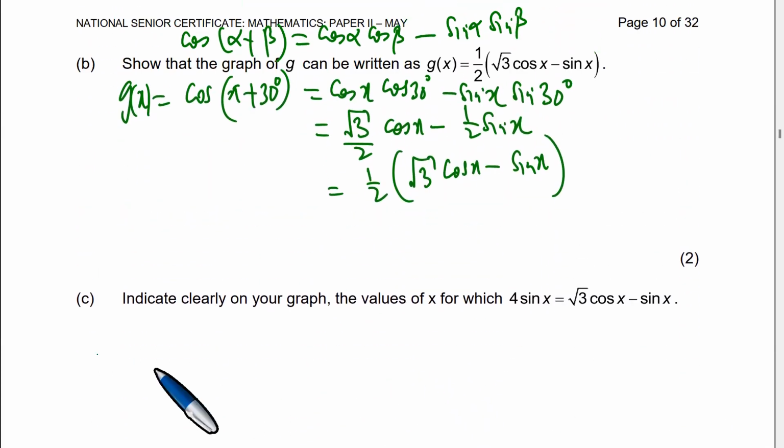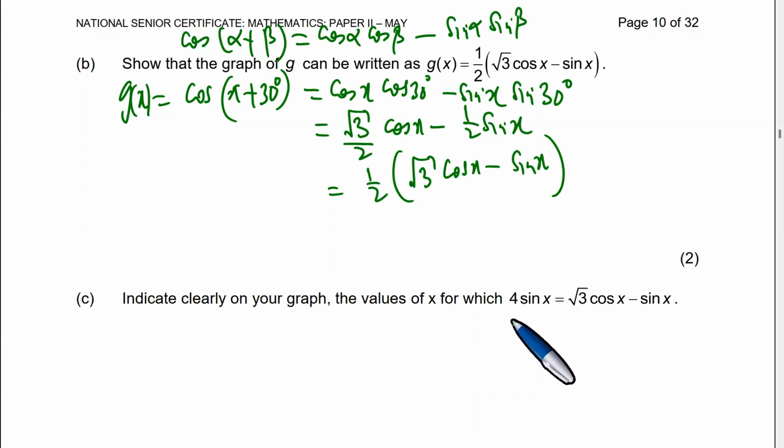Indicate clearly on your graph the values of x for which this is going to be the case. Okay, so you need to analyze this here and what is happening on the graph and what the question is going to be there. So obviously you can divide through by 2 here.